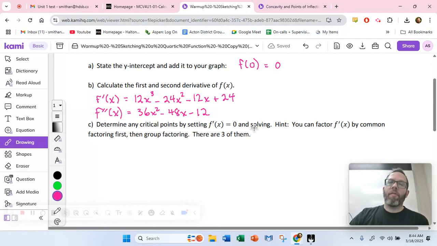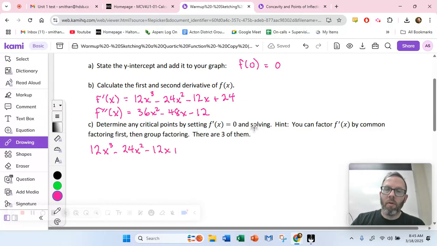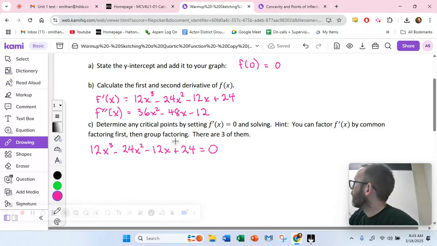All right, and then your next step is looking for critical points. So we're setting the first derivative to 0 and solving. We're going to be mixing in some strategies from earlier grades. One property you guys know is that if we have a common factor, we can divide this whole equation by that common factor and just make the number smaller, since 0 divided by anything is 0.